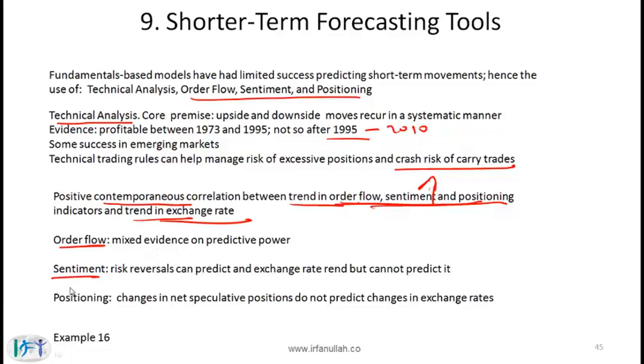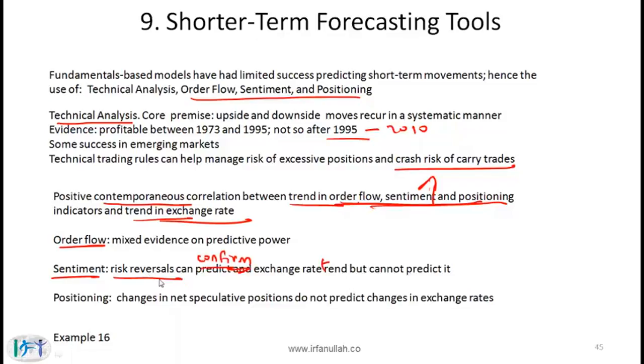As far as sentiments are concerned, sentiments in the FX market are measured using an option instrument called a risk reversal. The curriculum briefly tries to explain what a risk reversal is, but I don't think we need to get into it. You can just think of it as a product that's based on currency options.